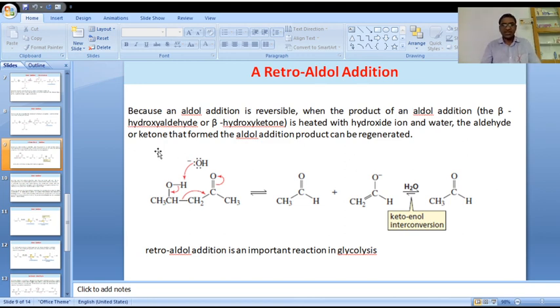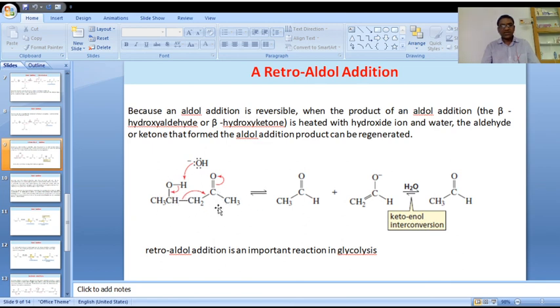That starting material, the aldehyde or ketone, is regenerated. Here please observe, this is the aldol addition product, a beta hydroxy ketone.